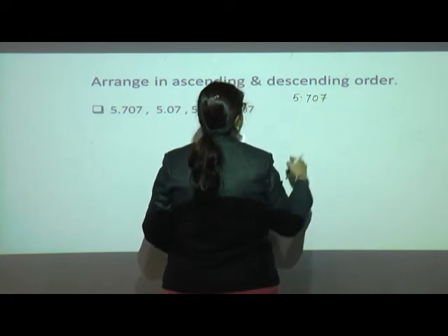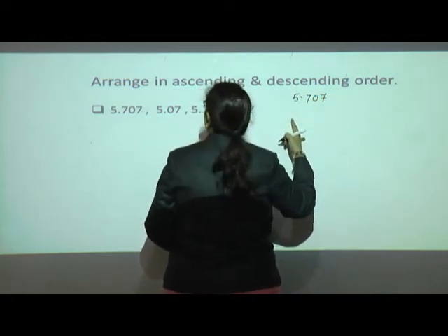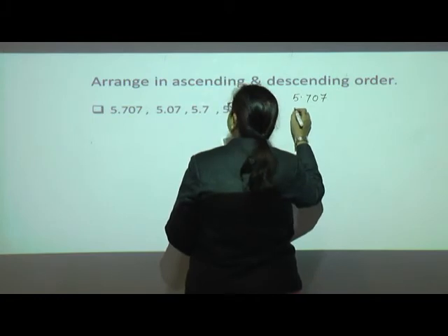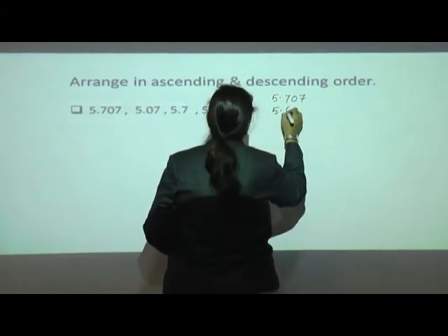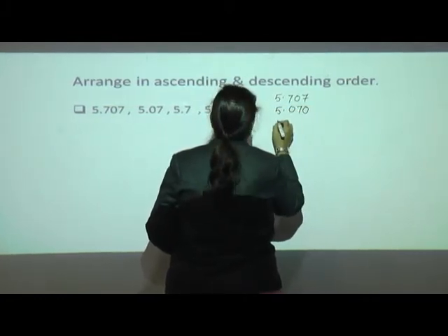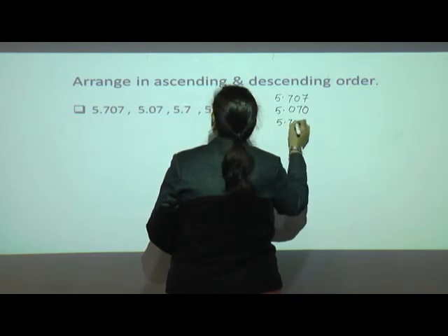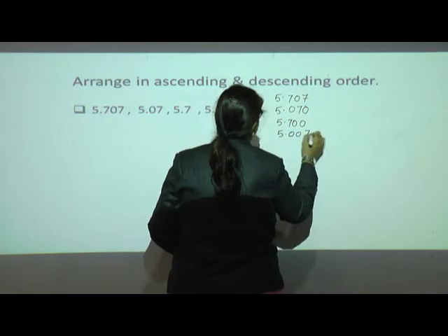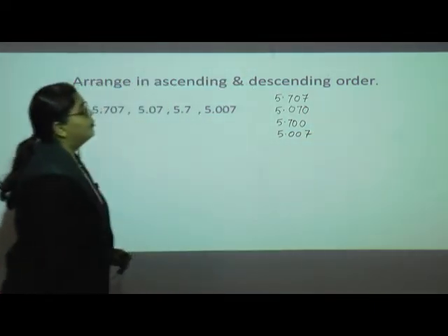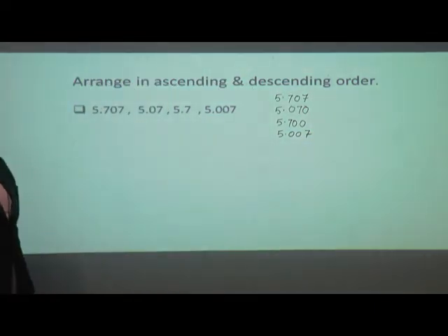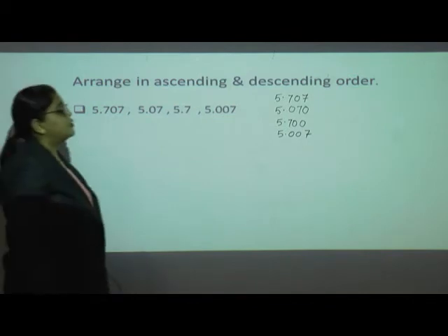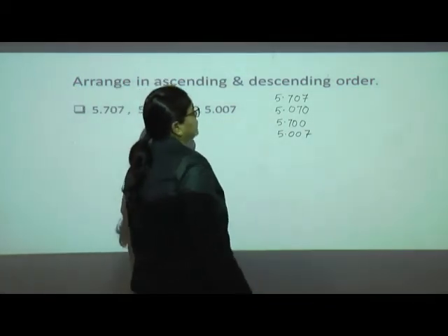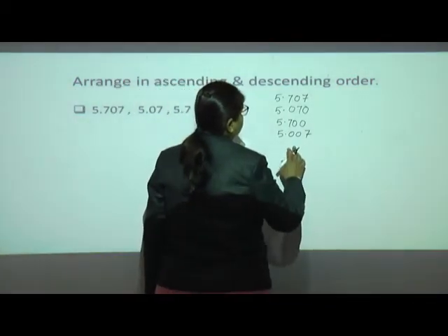5.707. I will write vertically, so it will be easier to understand. Here is 5.070, and 5.007. Now my dear students, you can understand and find out which number is smaller and which is greater.